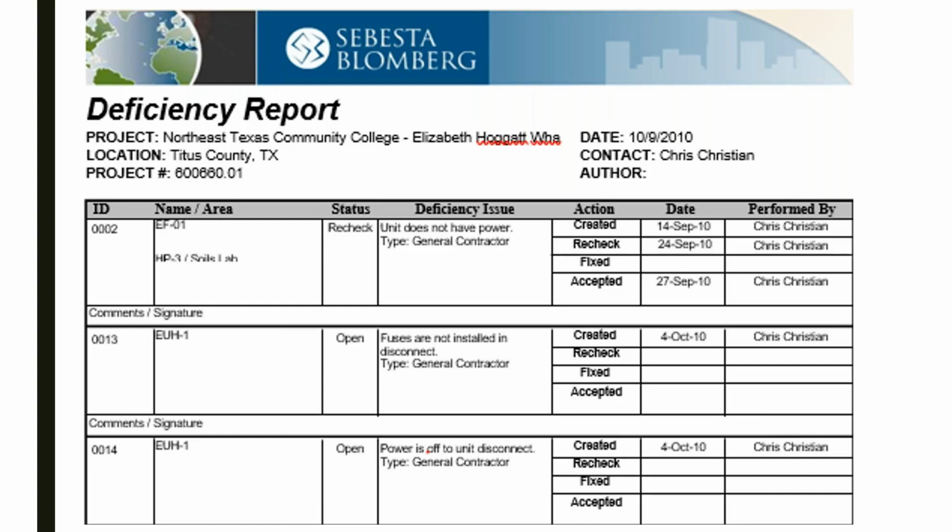We keep track of when we found it, when we rechecked it, if it was fixed, if they told us it was fixed, and then we accepted the fix. Some of these issues were still left undone at the time I put the report together. This is all tracking in the project, retro commissioning or new construction, either one. These are all deficiencies that you find doing the test and balance work.